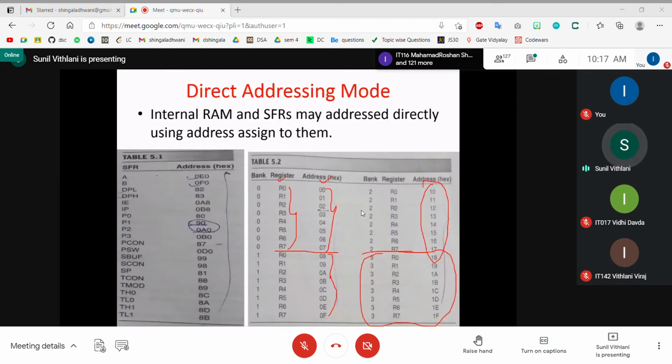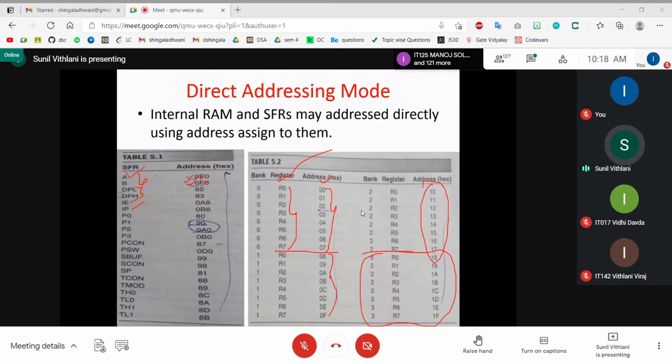So that is about the registers. And same way we have already seen about the SFR, special function registers. So these are the addresses for special function registers which we have already seen. वो भी हमने already discuss किया था. 0E0, 0F0, then this is for data pointer. This is interrupt enable, interrupt priority.